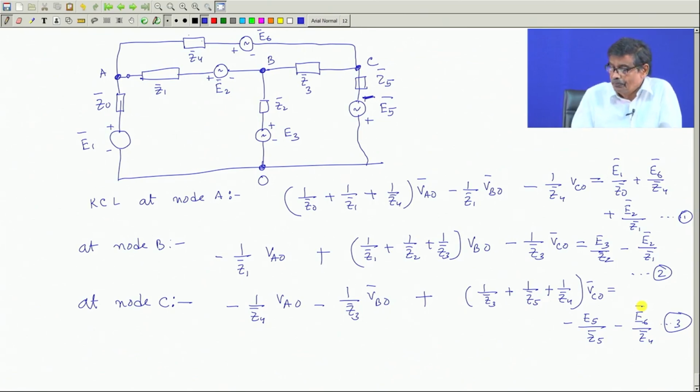You go to the complex domain, solve it, these are algebraic equations, no differential equations. Calculate it, you will be able to calculate also the powers at various branches and so on. So, all the things that we have applied in DC circuit can be applied there also.